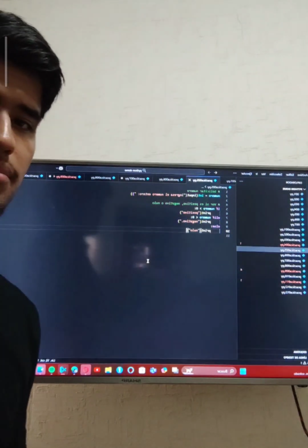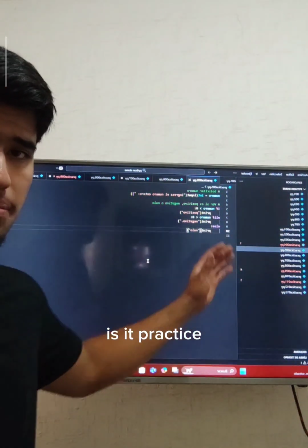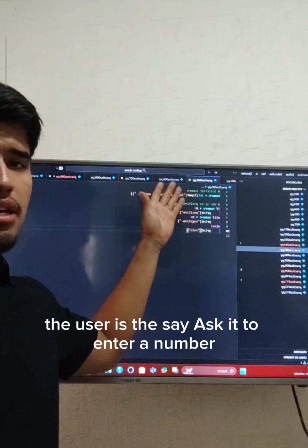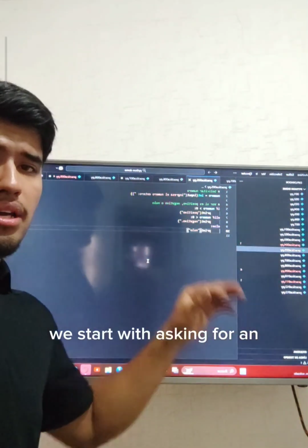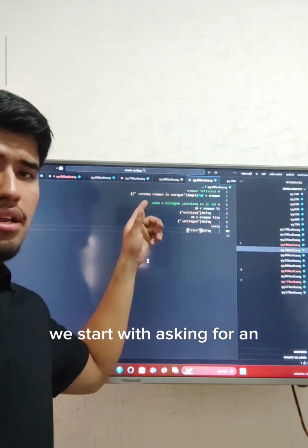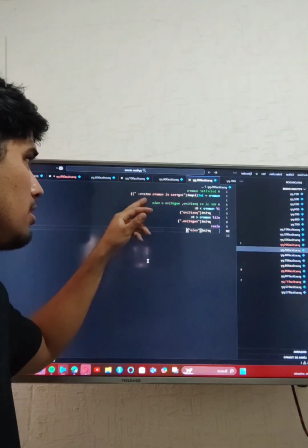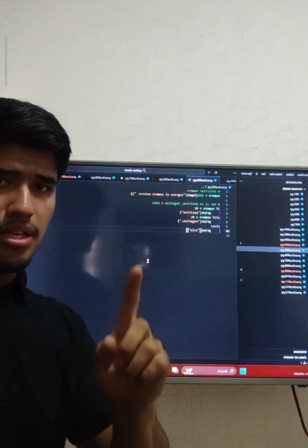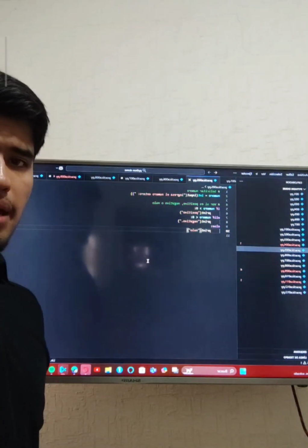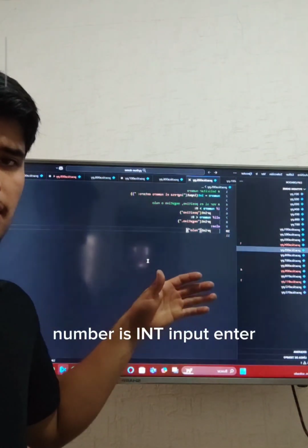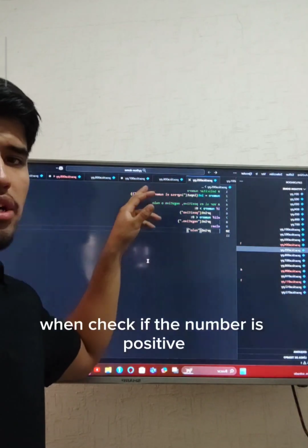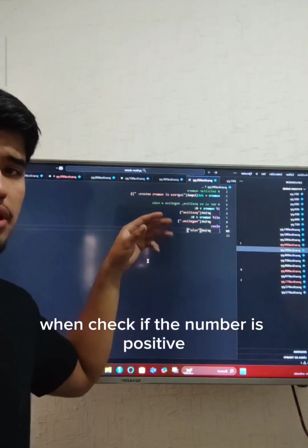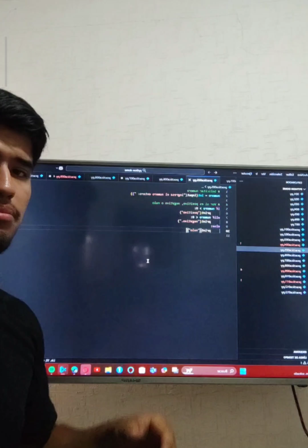Practice 5 is a practice where the user is asked to enter a number. We start by asking for an integer number. Number is int input, enter an integer number, then we check if the number is positive, negative, or 0.